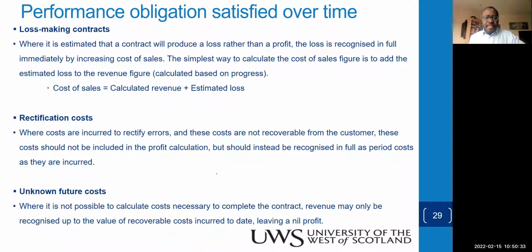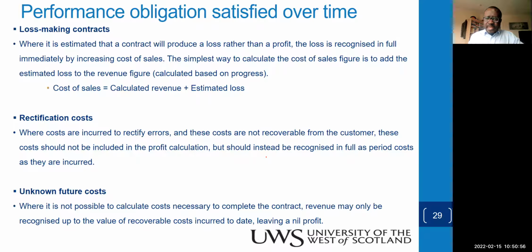When costs are incurred to rectify errors, these costs are not recoverable from the customer because you perhaps did a shoddy job. So these costs should not be included in the profit calculation. Instead, you should recognize them in full as period cost in the period in which they occurred, immediately. Don't include them in your profit calculation.